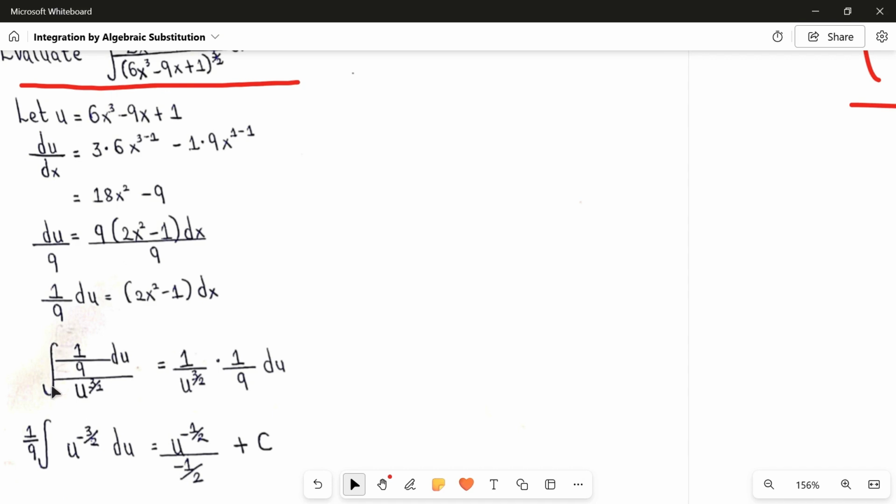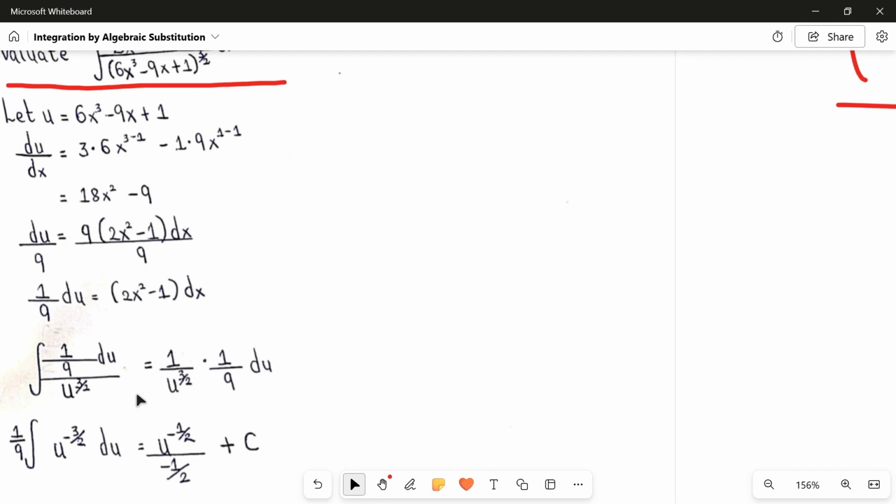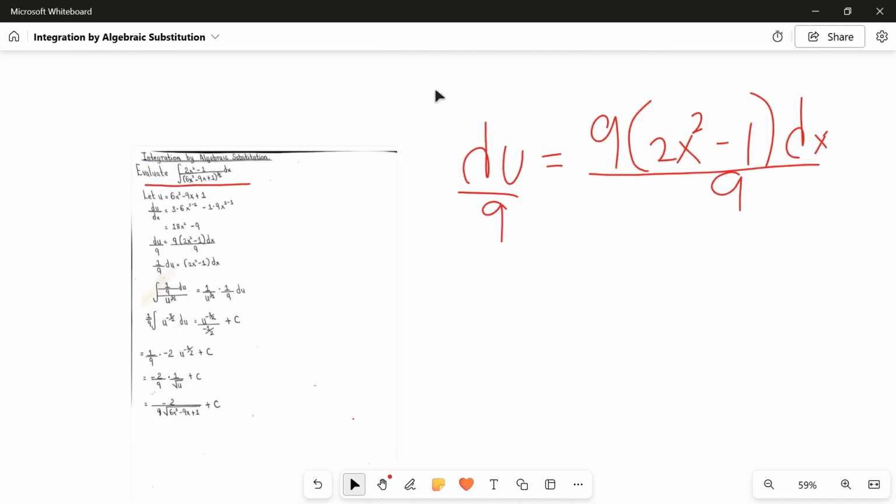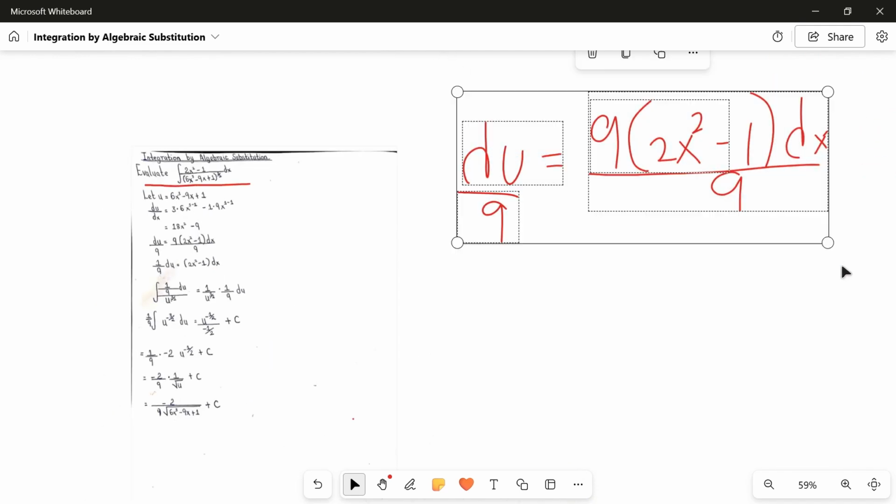And so we have integrate a 9th du divided by u power 3 over 2. And to rewrite this, to remove the division symbol, it's going to be the numerator, which is a 9th du, multiplied by the reciprocal of the denominator. So let me clear the screen and type out that.